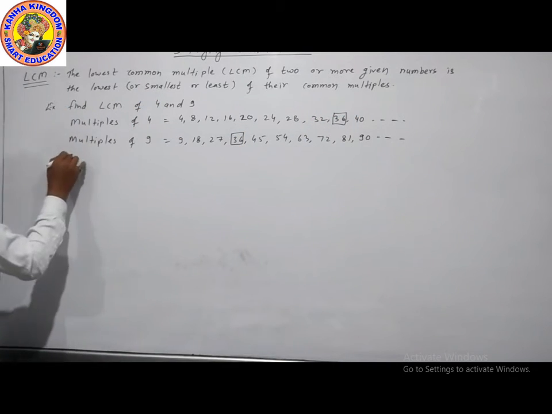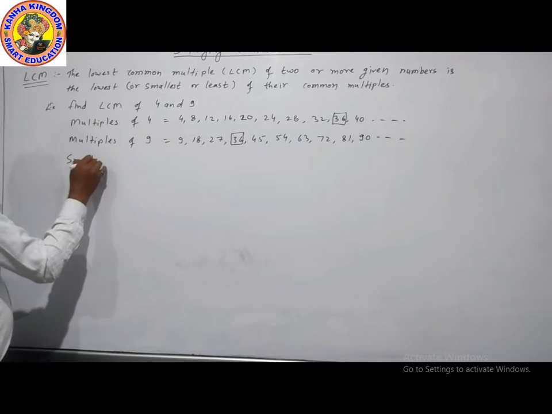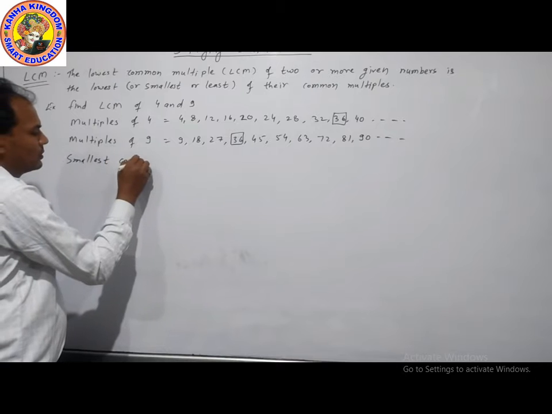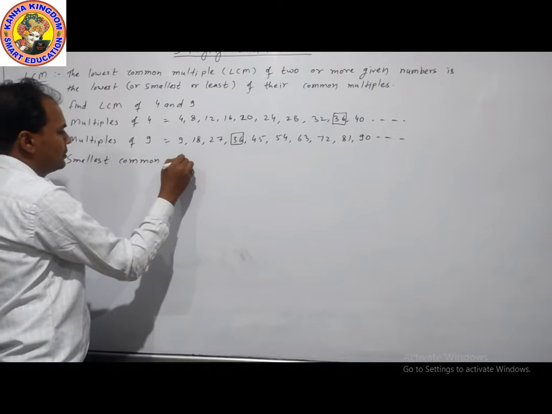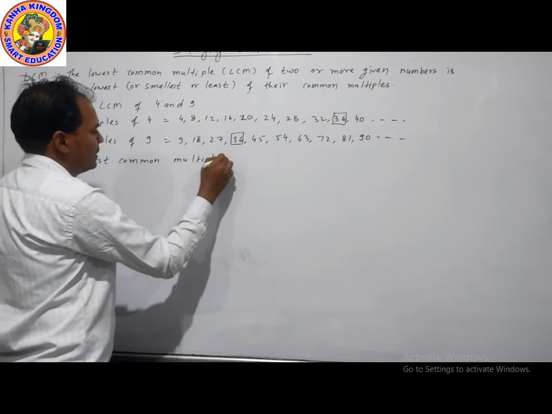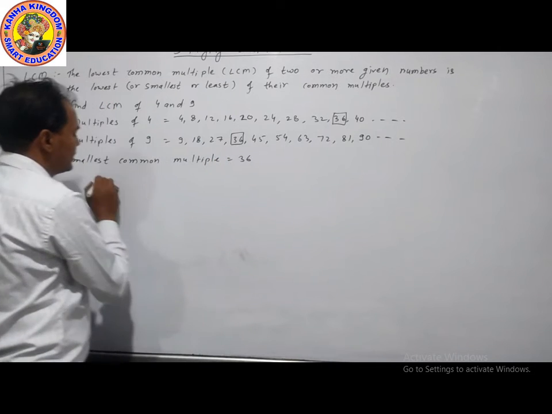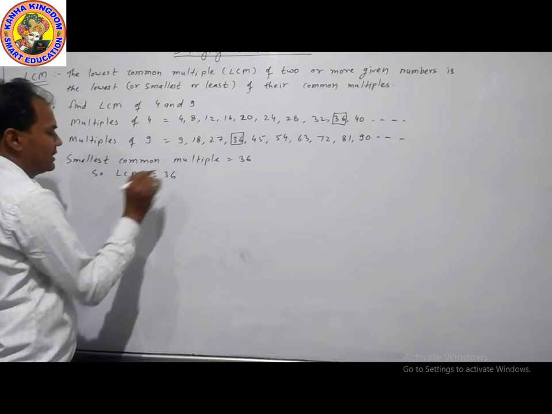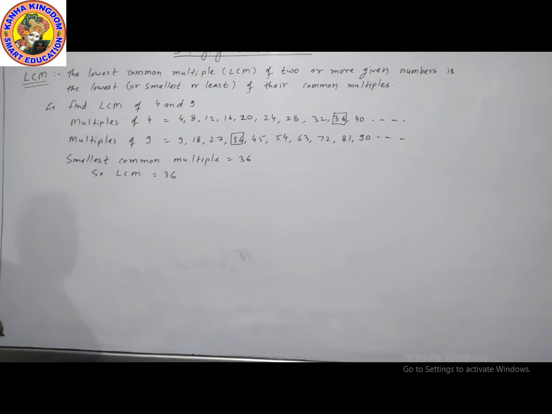So the smallest common multiple is 36, so LCM is 36. This is the first method for finding LCM.